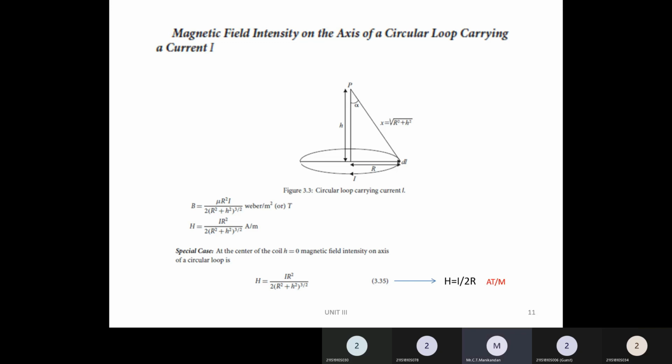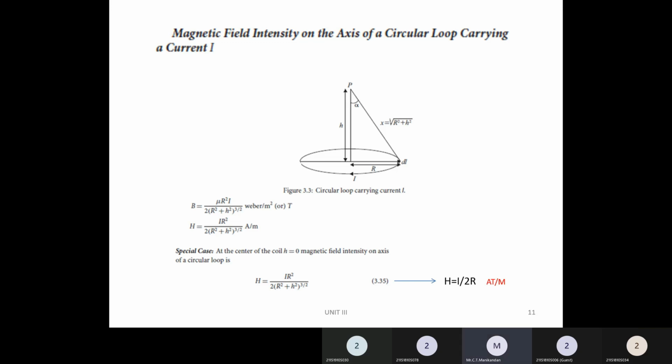Now this is a special case, and they will ask this in the exam. At the center of the circular coil, what is the magnetic field intensity? If the point is at the center of the coil, as we can see in the diagram, then the H value will be 0.